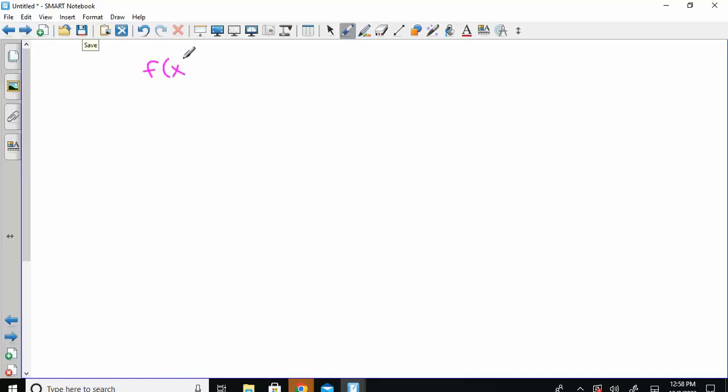Let's do a polynomial. Okay. So if I said, use the definition of derivative. So we have to do the limit as h approaches 0. F of x plus h means you go to your function.